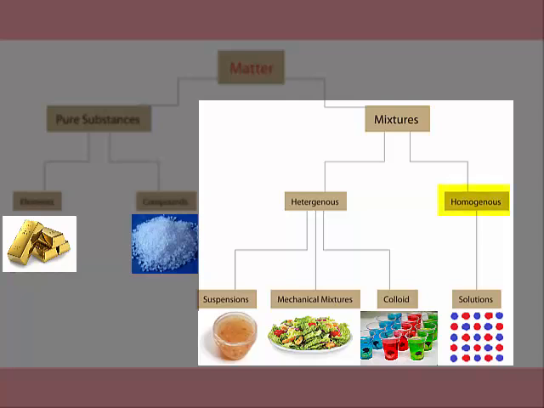Moving on from heterogeneous mixtures, there's also homogeneous mixtures. This is when the particles are so small that they've been broken down perfectly. They mix 100% with the solution. So, for example, mixing salt in with water or mixing sugar in with water, you get a complete dissolving.